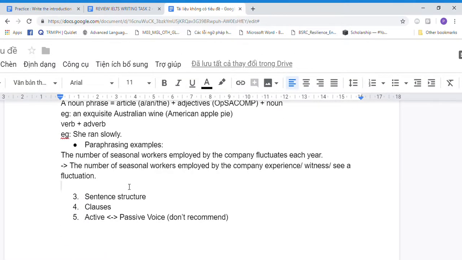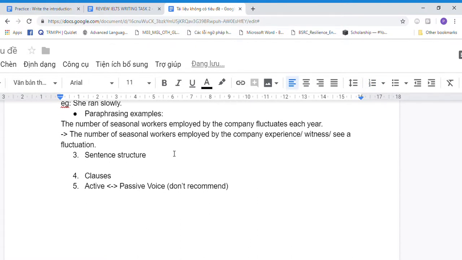We can move on to the next technique, which is to use different sentence structures, or you can say sentence structures that have similar meanings.